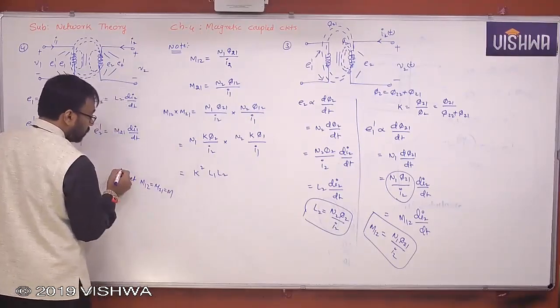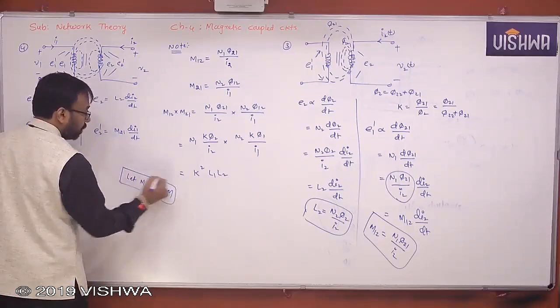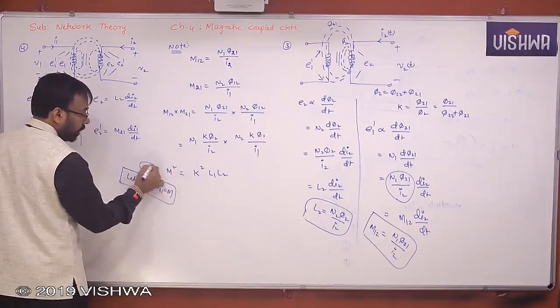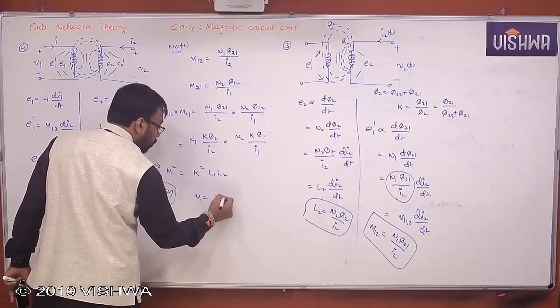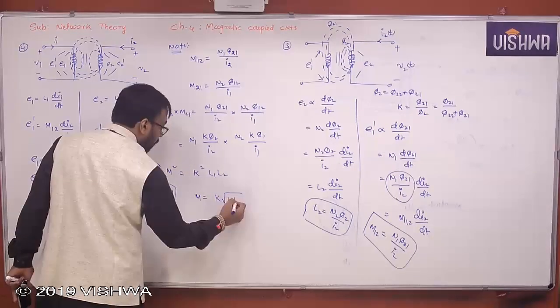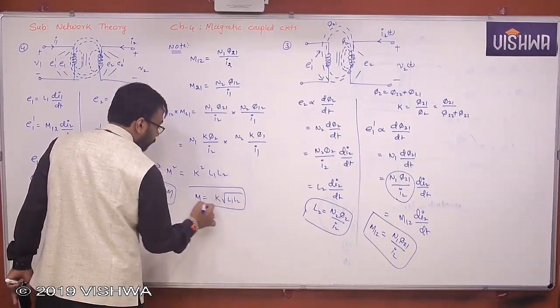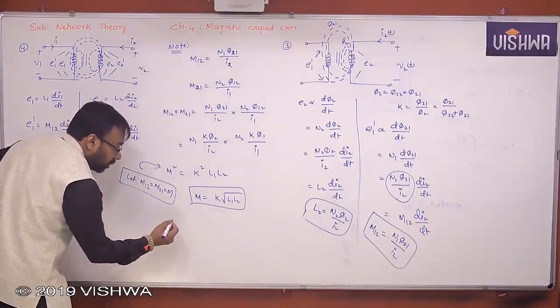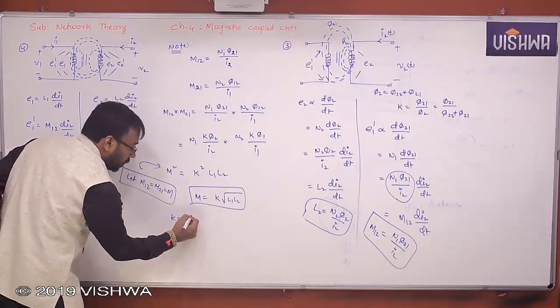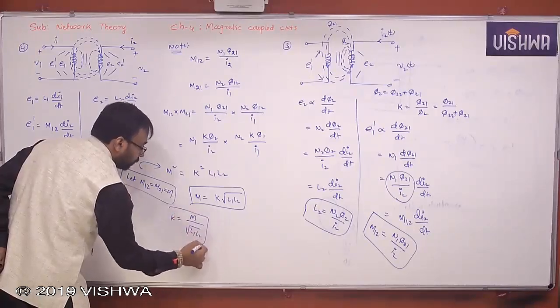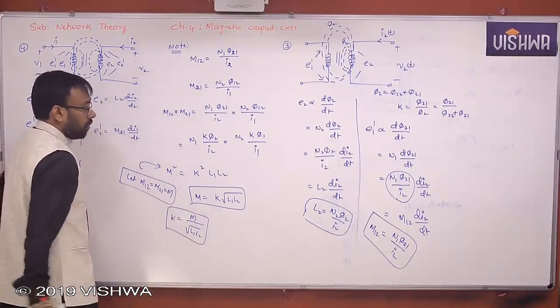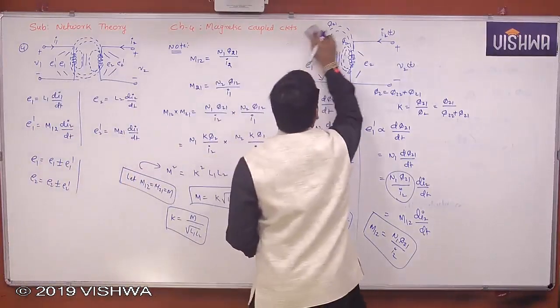You will get M square. Yes or no, all of you? Then what is M? M is K times root L1 L2. Understand all of you? Okay. K is equal to M by root L1 L2. Please note down.